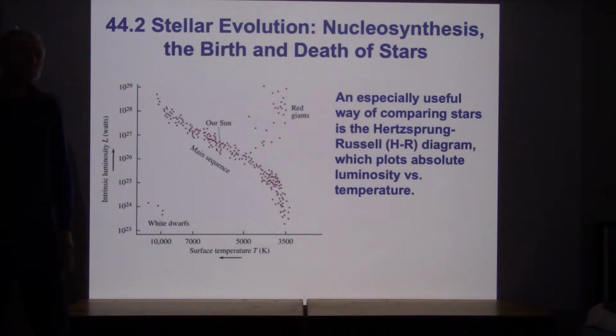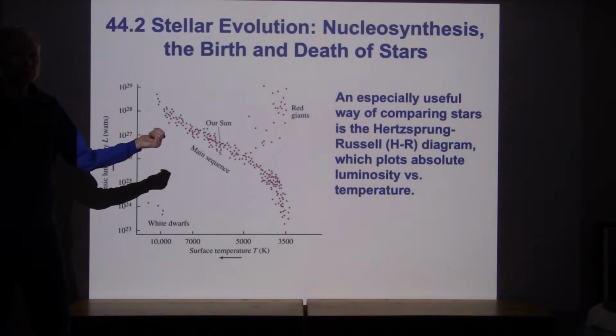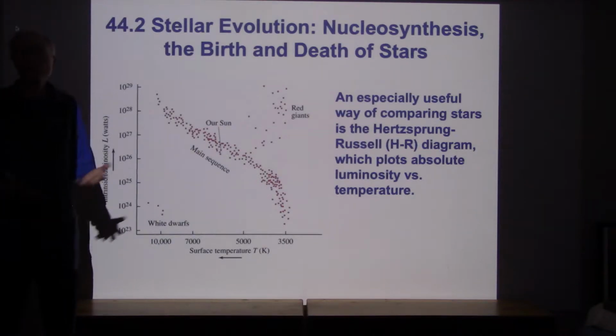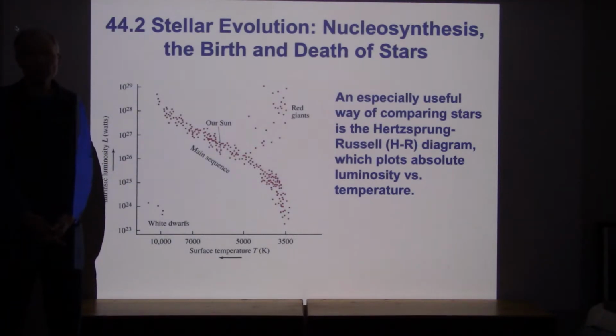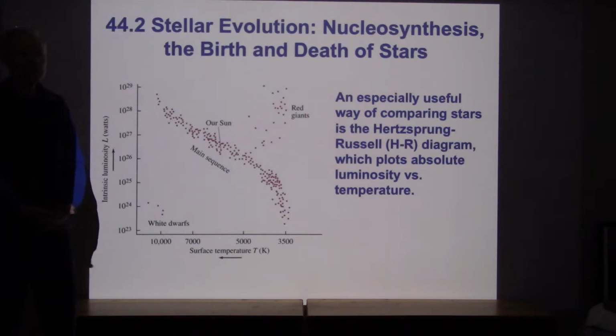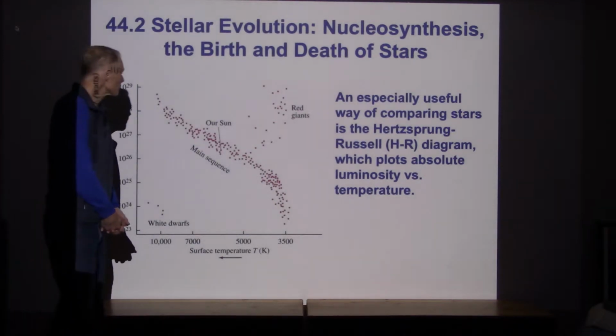So once people came to understand nuclear physics and the energy available in nuclear reactions, particularly fusion reactions, that was the first time people were able to realize where all this energy was coming from. How could you have a sustained reaction like that?